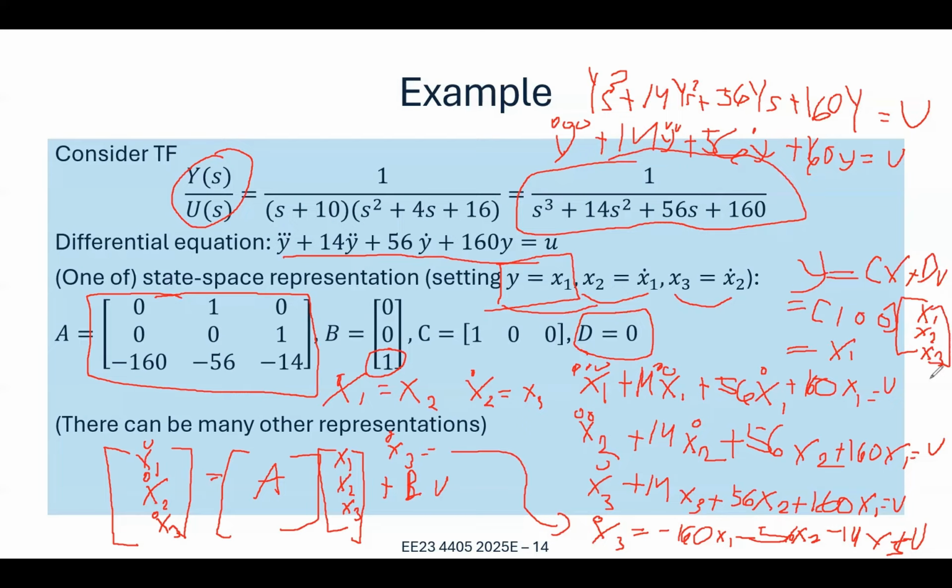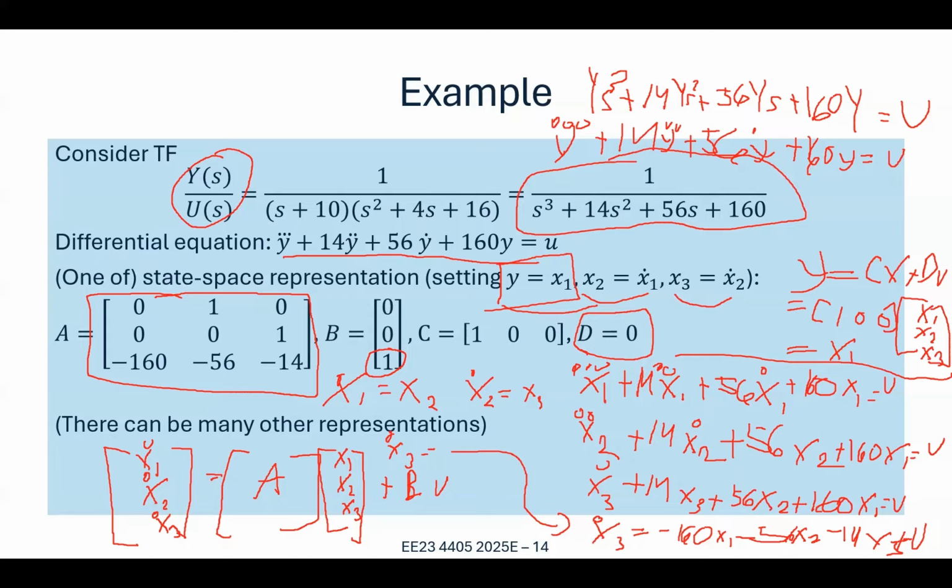So that's the relationship between the several variables in the system: y is the output, x is the state, u is the input, and so on.